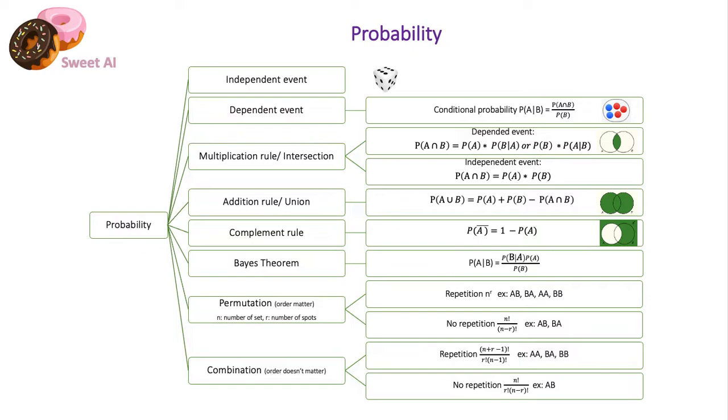But dependent events are the exact opposite of independent events, which means it's a series of events in which the outcome of one event has an impact on the outcome of another event. One of the popular examples of a dependent event is a marble bag. Let's say we have a bag with 5 marbles, 2 blue and 3 red.